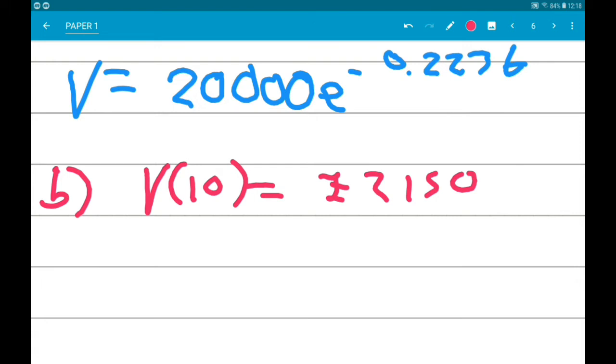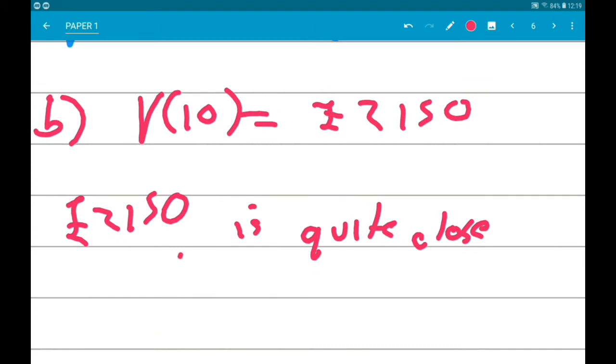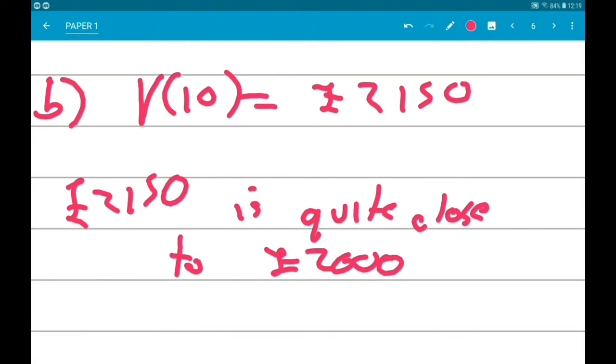Now, that's not ridiculously far from £2,000. It's quite close to 2,000. So, the model is reliable.